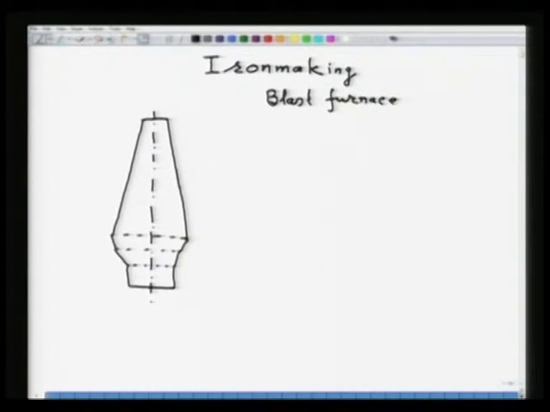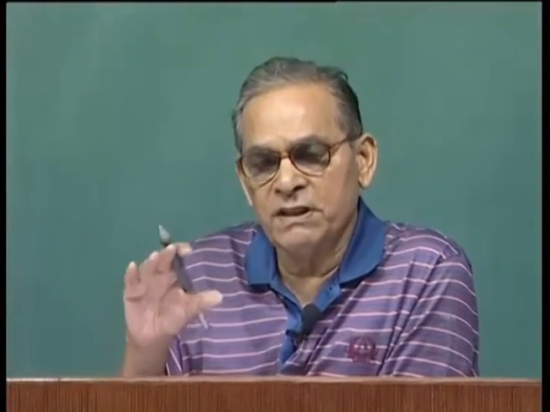Now, again, my objective of this lecture is not to give you all aspects of iron making, but that portion which is relevant for performing material and heat balance operation.